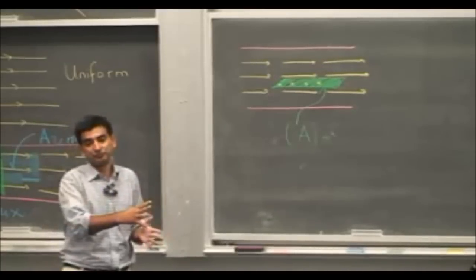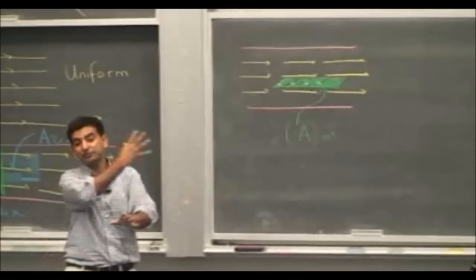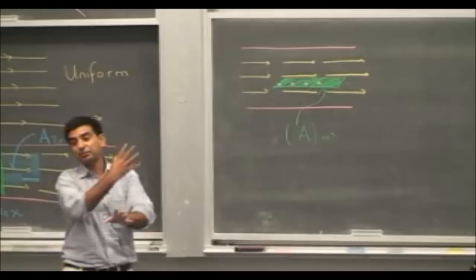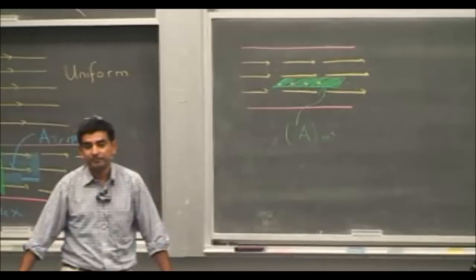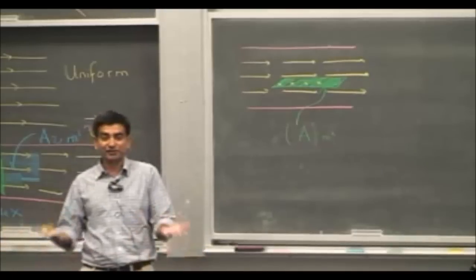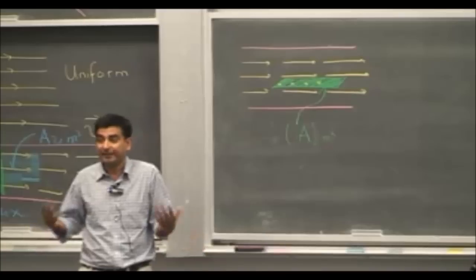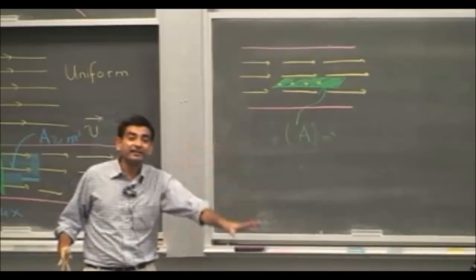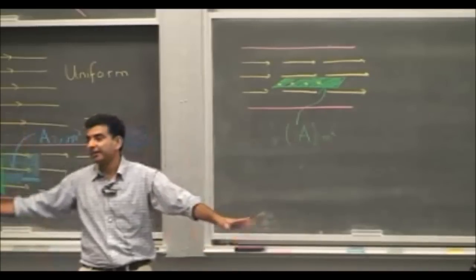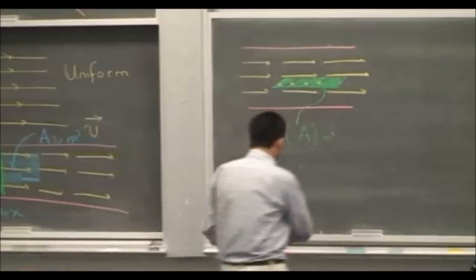Nothing is going through. It's skimming the surface, no doubt, but it's not going through. So the flux through this surface is 0, even though this plane has an area and there is a non-zero velocity vector field. Despite there being a velocity vector field and an area, the flux through it is 0.